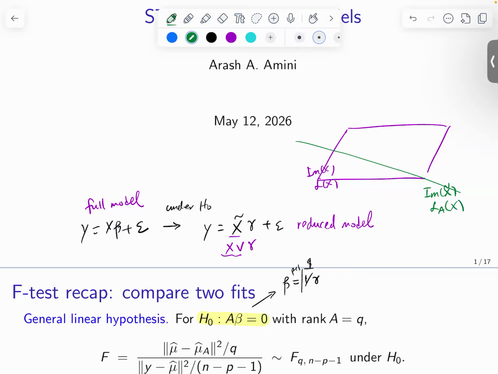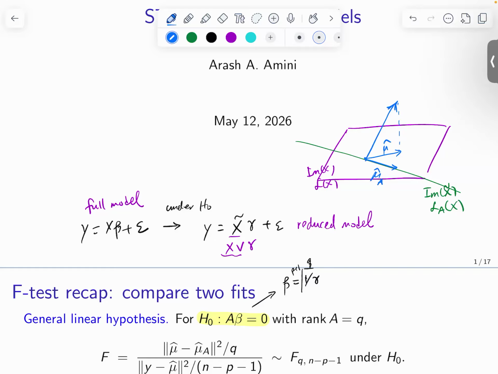So this is the image of the reduced model's design matrix. And then you have your, let's say, y vector, which is outside both subspaces. You project it onto the original model, or the full model, you get mu hat. And then you project it onto the reduced model, you get mu hat A.